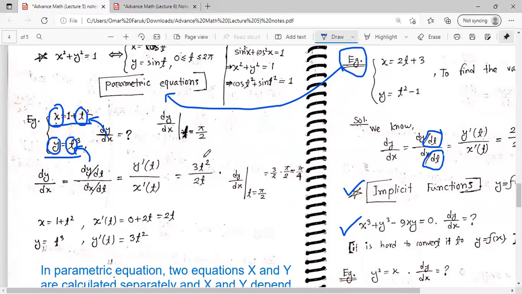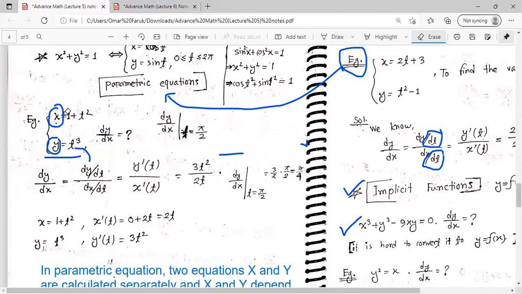I just showed you an example here: a person is throwing a ball, and the velocity of this ball is divided into two axes, x and y, and both axes depend on time. So this is our parametric equation.